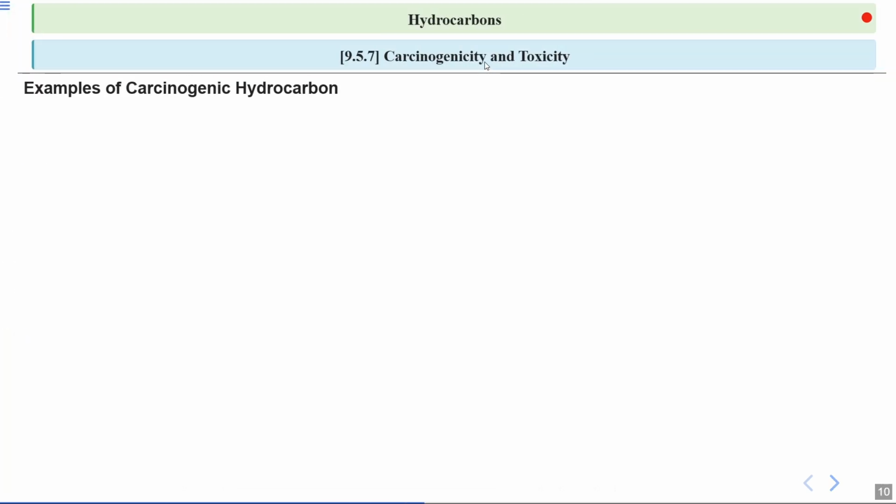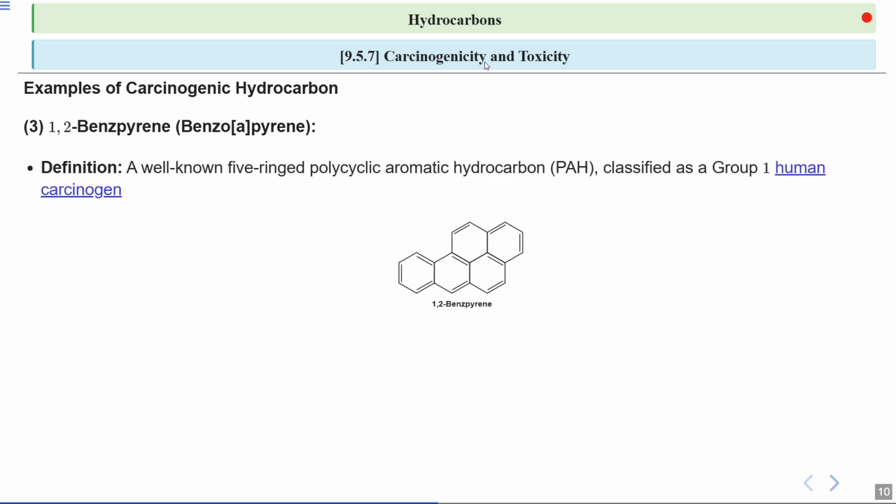Now, continuing with the example of carcinogenic hydrocarbons, let us introduce 1,2-benzo-a-pyrene, made up of 5 connected rings. It is a well-known example of a polycyclic aromatic hydrocarbon, or PAH, which means it has multiple benzene rings fused together.